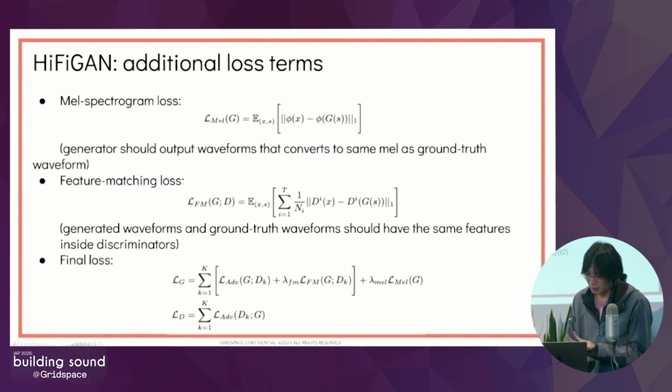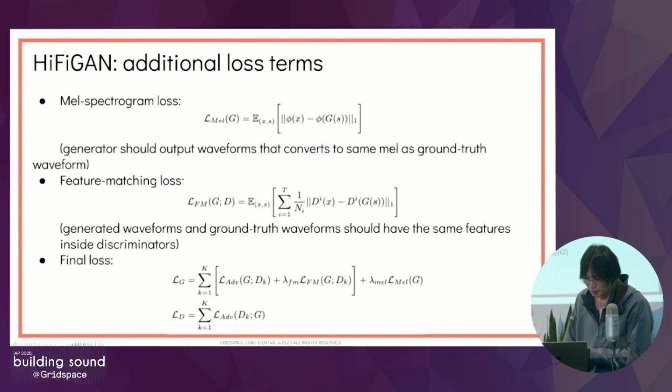The generator should output a waveform which, when you convert it into a MEL spectrogram, has a short L1 distance with the ground truth. And then the feature matching loss: the discriminator extracted some features out of the waveforms, so the generator should produce a waveform so that those extracted features, according to the discriminator, should be close in some sense.